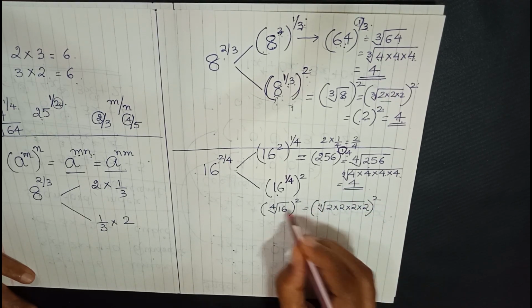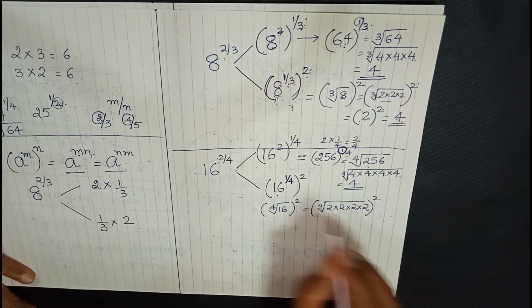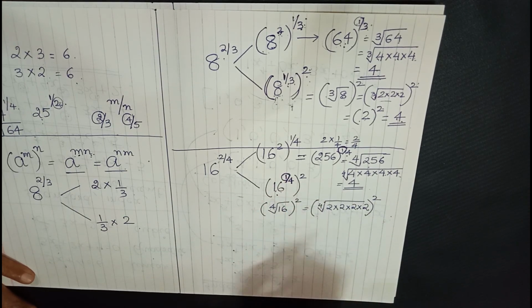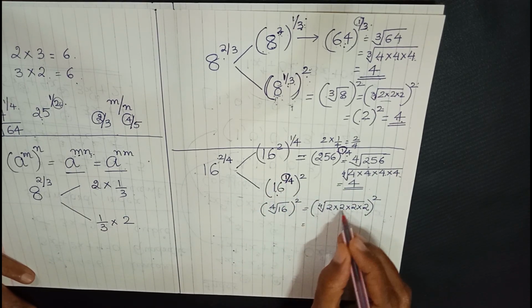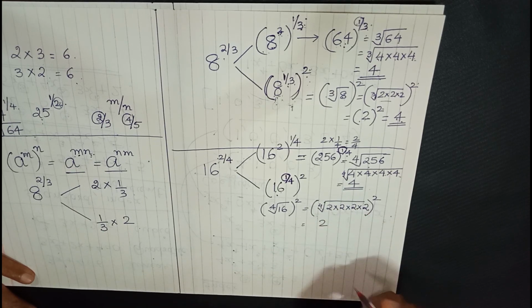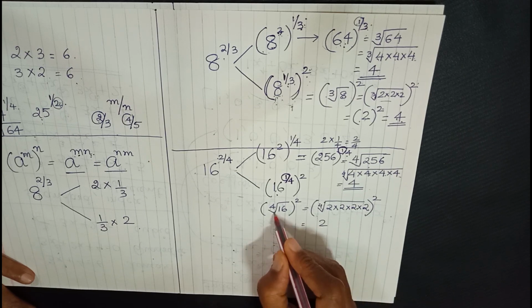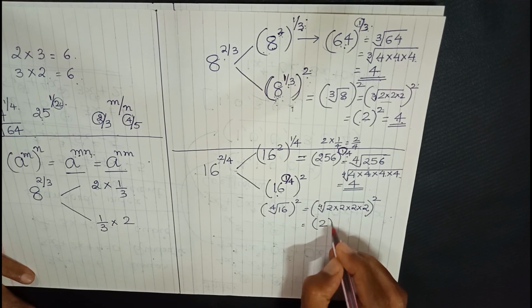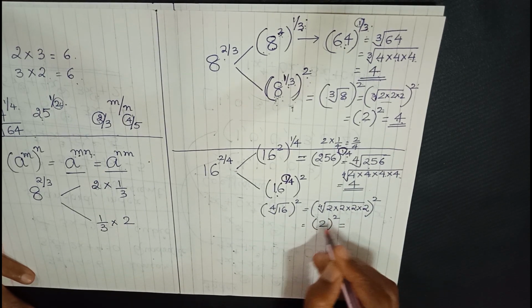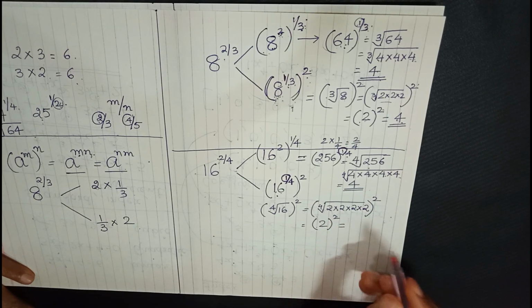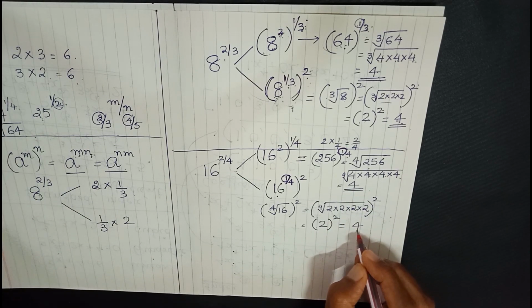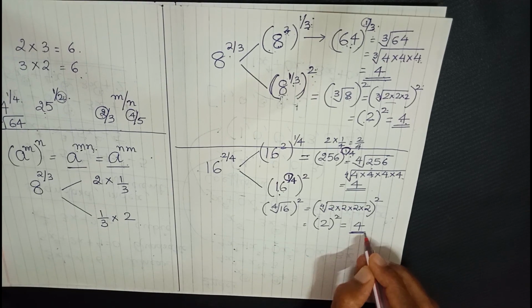So you can see I have divided 16 into 4 parts. And then what we do? Remove one part out of it. Out of the 4 parts of 2, 1. So 2 is the fourth root of 16, raised to 2. So 2 raised to 2 means nothing but 2 into 2. So the answer that we get again is 4.